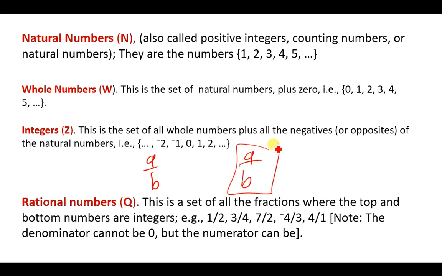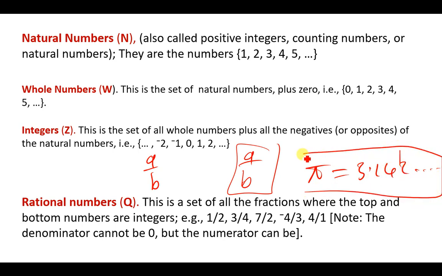Which numbers are these? These are pi, which is 3.142, and the digits keep on going like that. You also have numbers like the square root of 2, the square root of 3, the square root of 5. These are all irrational numbers.